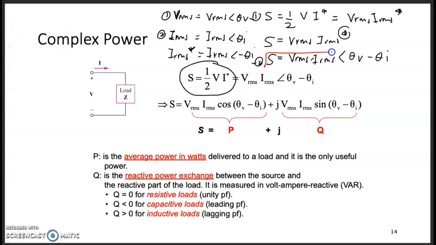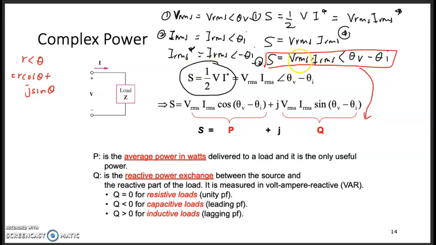S equals VRMS IRMS angle delta V minus delta I. Now let's change this one to the polar form. So what is the polar form saying? How you change R angle theta to the rectangular form is equal to R cos theta plus J R sin theta.